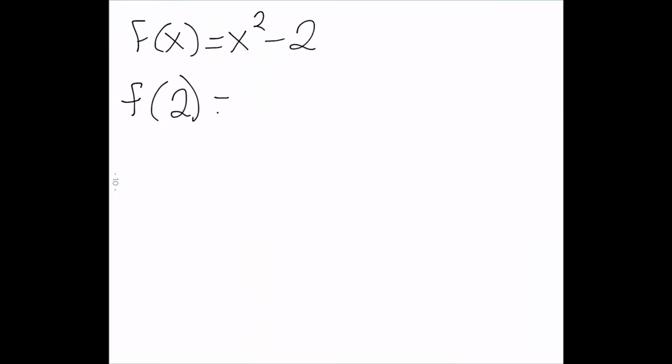Now that we have a little bit better of an idea of what a function is, let's get familiar with some of the notation. Let's suppose I have this function f of x equal to x squared minus 2, and I want to find f of 2. What this means is take all of your x's and change them to 2. So 2 squared minus 2 would be 4 minus 2, which is 2.